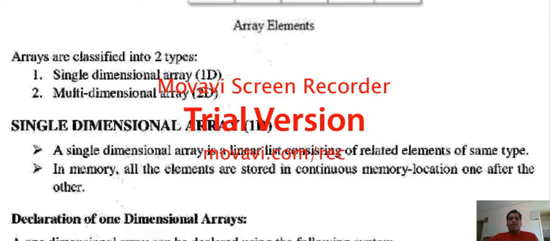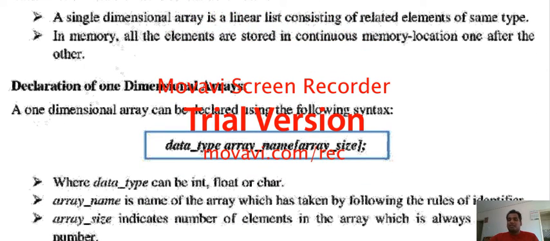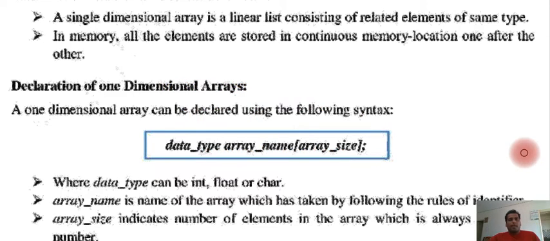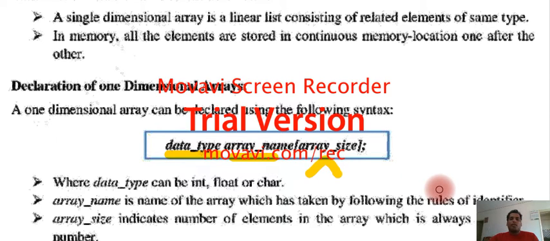Now we'll go to declaration and initialization, which we already discussed, but now in a theoretical way. How can we declare the array? We declare it in the form of data type, array name, followed by the array size. These three key points are very important.